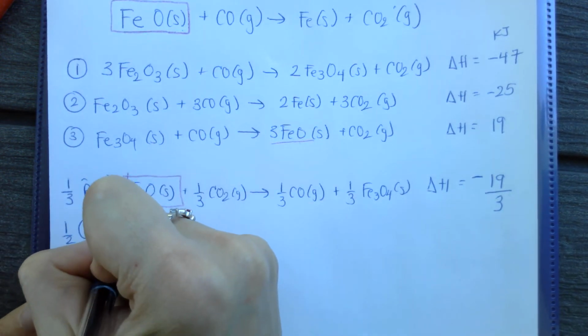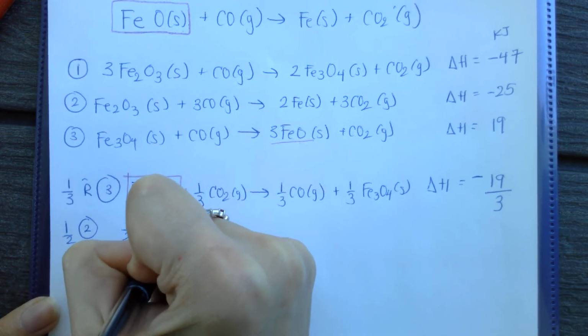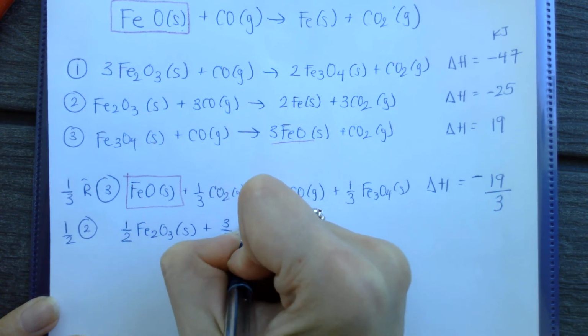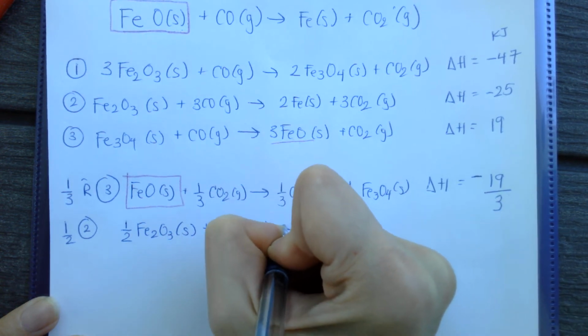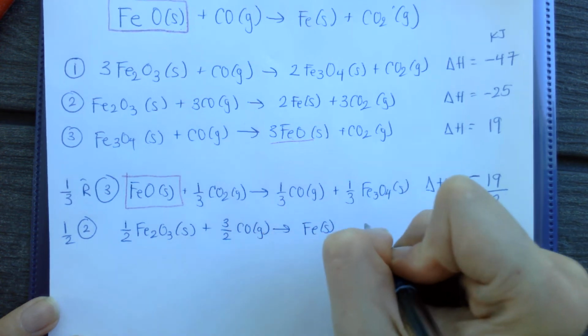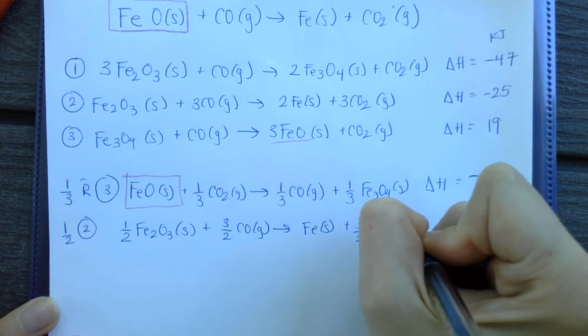Okay, so that's going to give us 1/2 Fe2O3 solid. It's going to give us 3/2 CO gas. 2 divided by 2 gives us just Fe solid. And then we get 3/2 CO2 gas.